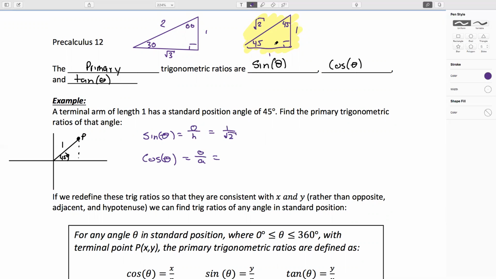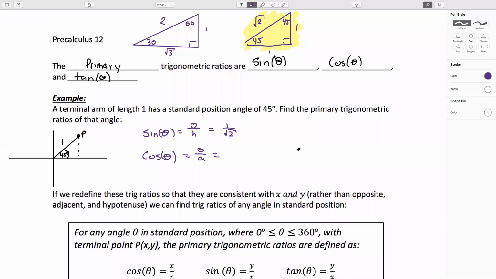Or wait, I'm getting this backwards. This is not opposite over adjacent. This is adjacent over hypotenuse, so CAH, which is 1 over root 2. Tan is opposite over adjacent, which is 1 over 1, which is 1.